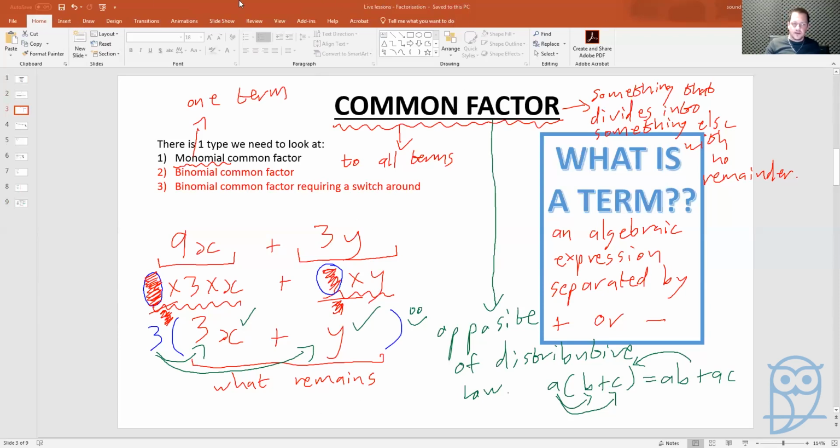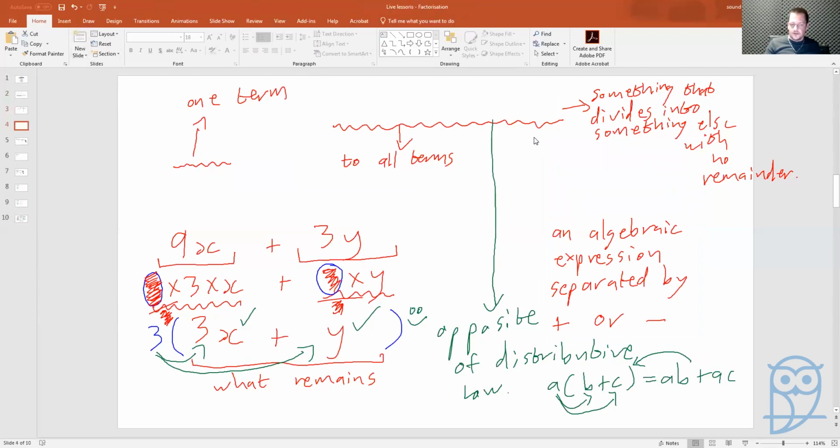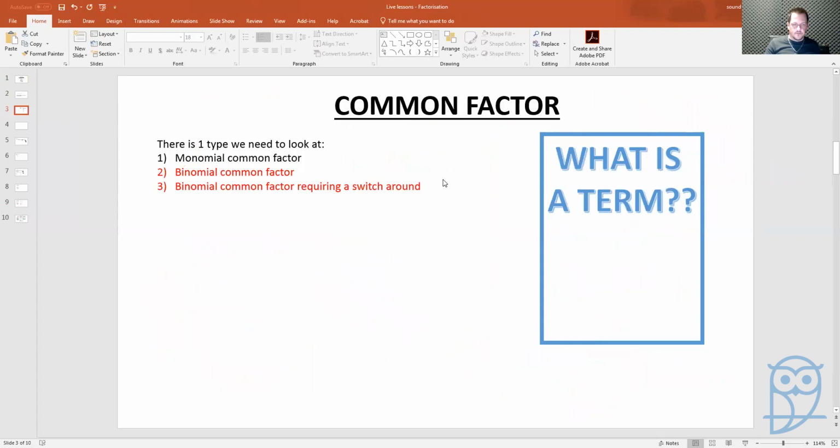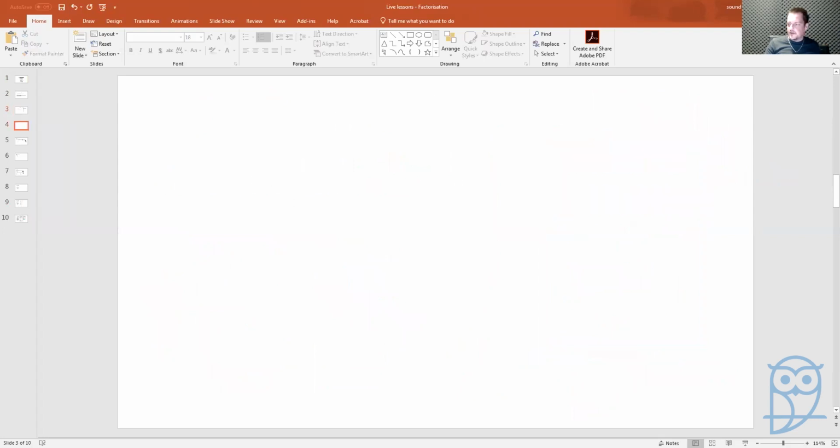All right. So if I have this, I'm going to clear this. Let's have a look at 3x squared plus 9.